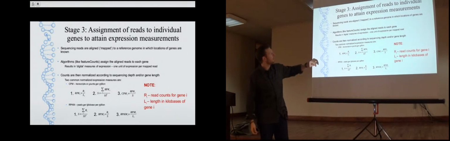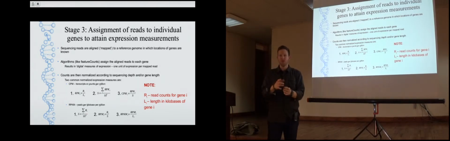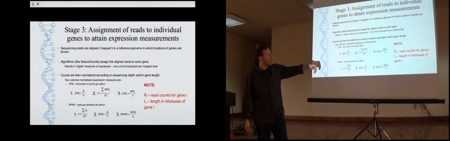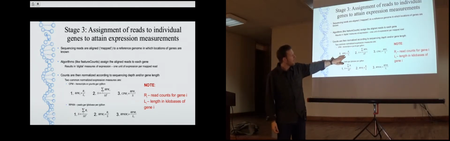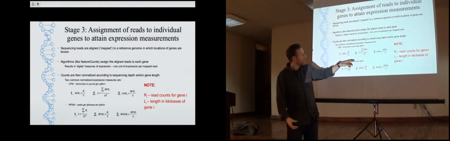So that's what these two measures here I'm showing, CPM and RPKM, do. They just do the normalization in different orders. So CPM is just transcripts or counts per million, where you first normalize the read counts for any region by how long the gene is.